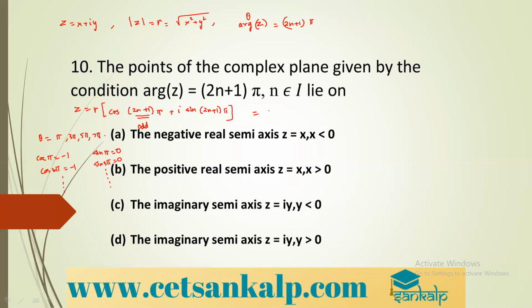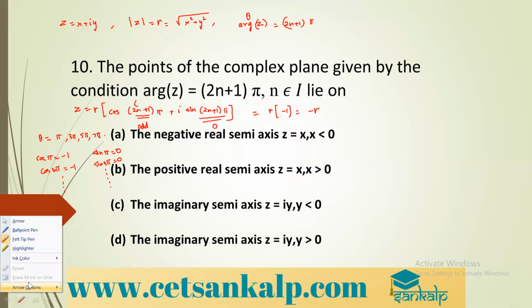So I can write r into minus 1, and that will be minus r, because this becomes 0 and this becomes minus 1. I will highlight this: this entire thing becomes minus 1 and this entire thing becomes 0. So I'm left with only minus 1. That means minus r.